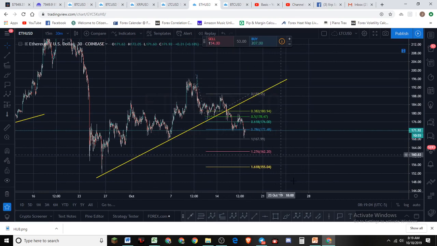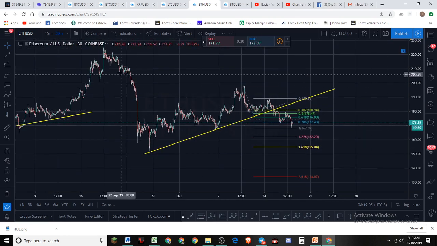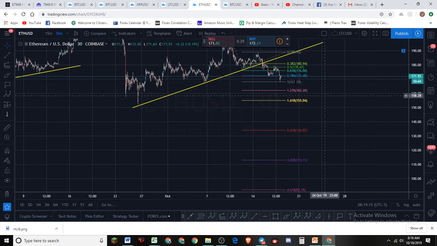We need to see this come on down in 5 waves, I would think. I guess it could come down in 3, but this is a 5-wave, 3-wave. Looking for a 5-wave structure to the downside. So I need to see it come on down in 5 waves. That's what I'm looking for.